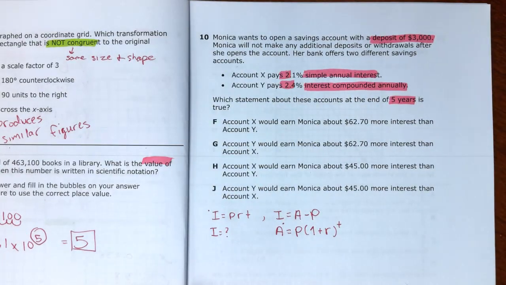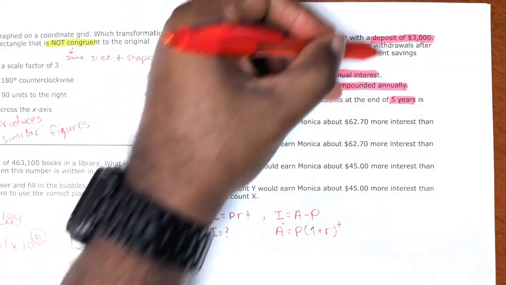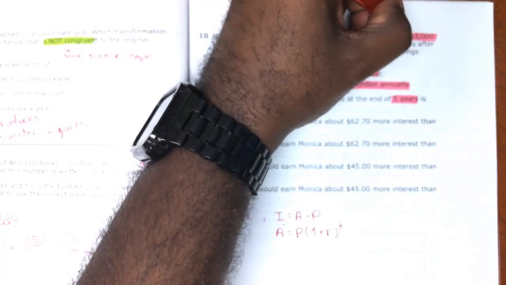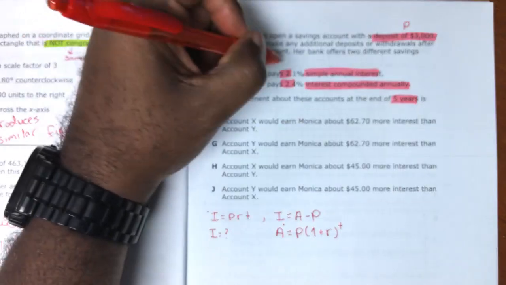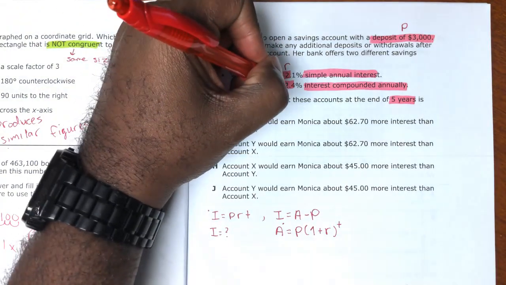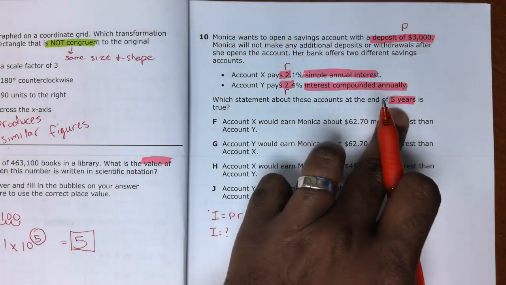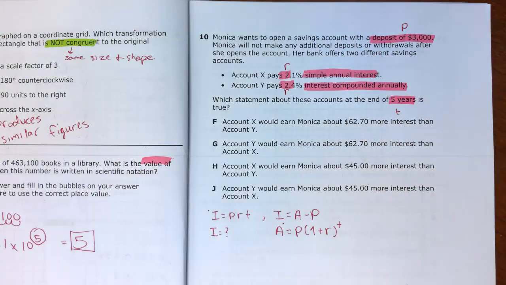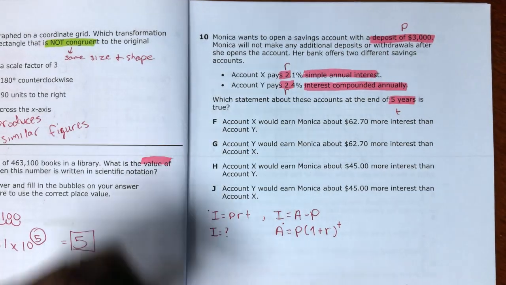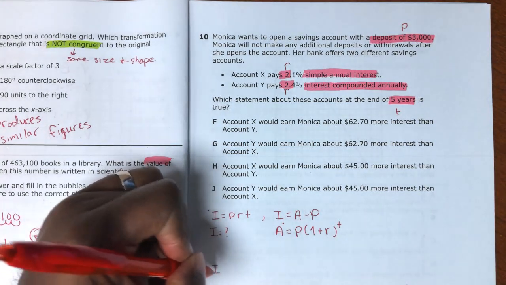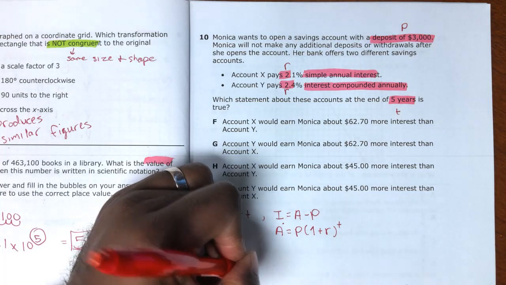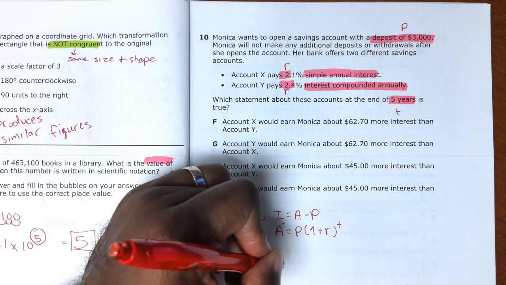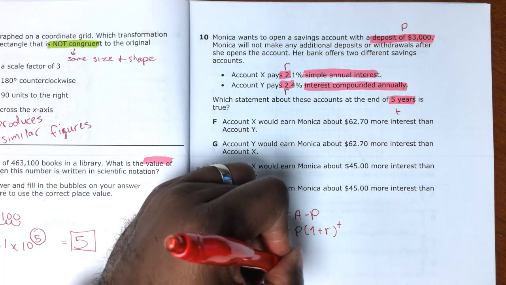Okay. Then we're going to write down all the stuff that's important. So when we see deposit, we think that's my principal, my starting money. My interest rate, my R, are my percents there, and 5 years is my T for both. Okay. So if I set up these formulas respectively, the interest earned is going to be 3,000 times 2.1% and times 5.